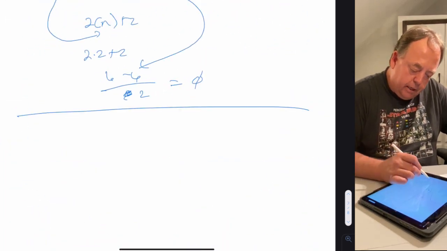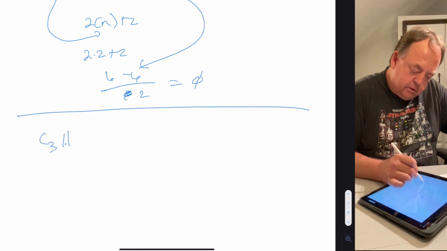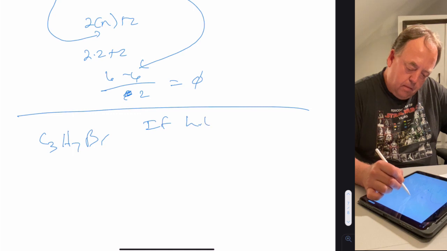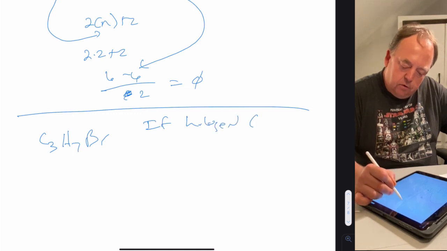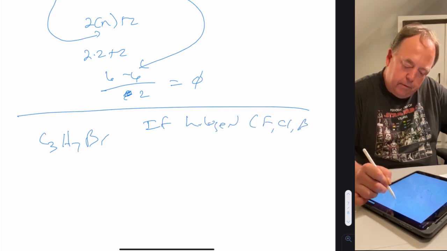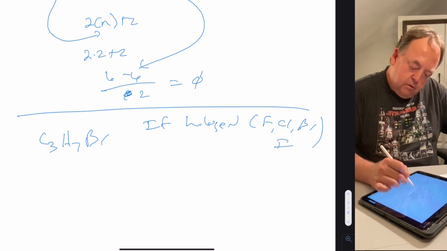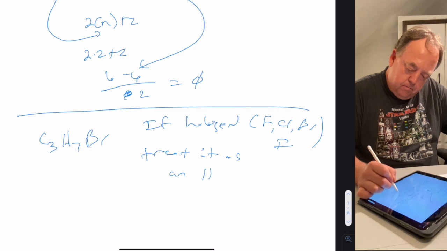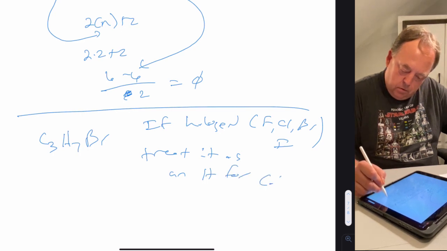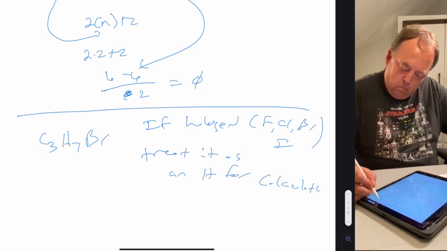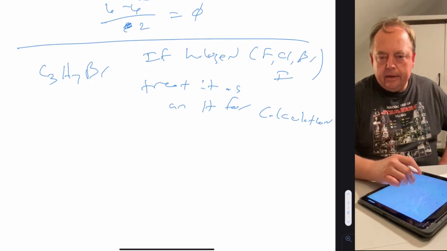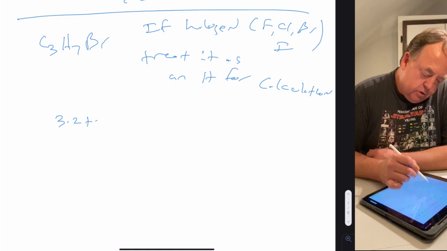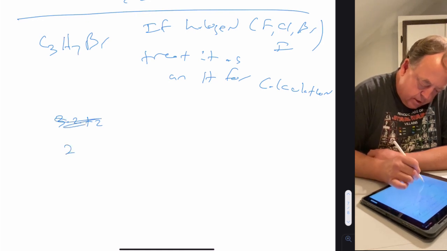So if we want to apply the formula to C3H7Br, if you have a halogen, so fluorine, chlorine, bromine, or iodine, then you treat it as a hydrogen for calculation purposes. So 3 times 2 plus 2, so 2n plus 2.